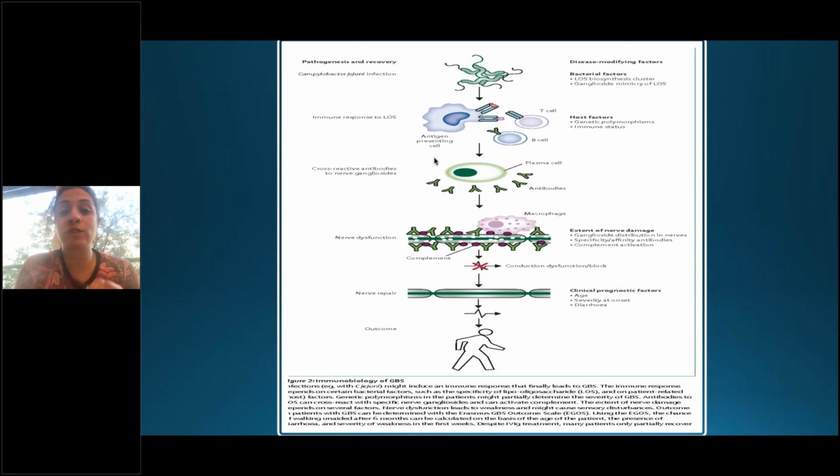They attach to the nerve and cause nerve dysfunction, and this process is also mediated by macrophages. So you get this demyelination, and then the nerve is unable to conduct in the peripheral nerves, and then you get this flaccid paralysis. Sorry, I'm going a bit fast because we have only 1 minute left.